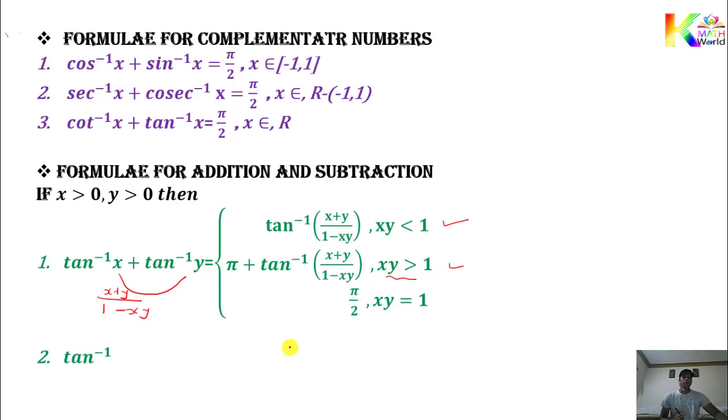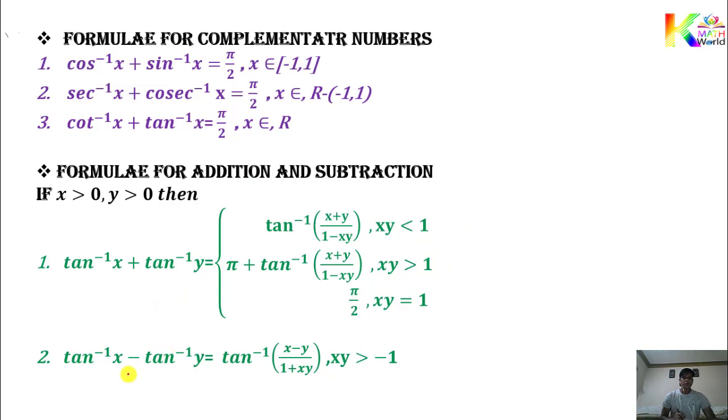Now see the last formula, which is the addition formula. Up to now we have seen the addition formula of tan inverse. In the same way, now the subtraction formula. In the last formula, whenever there is plus, in the numerator you got plus also. In the same way here, whenever you got minus, then in the numerator you got minus.